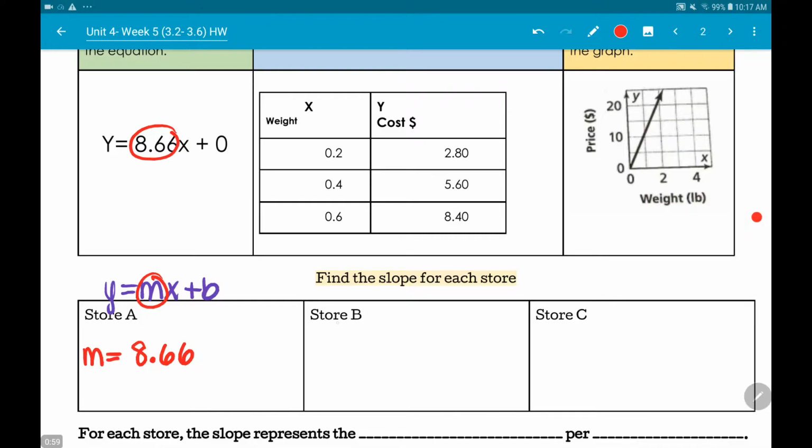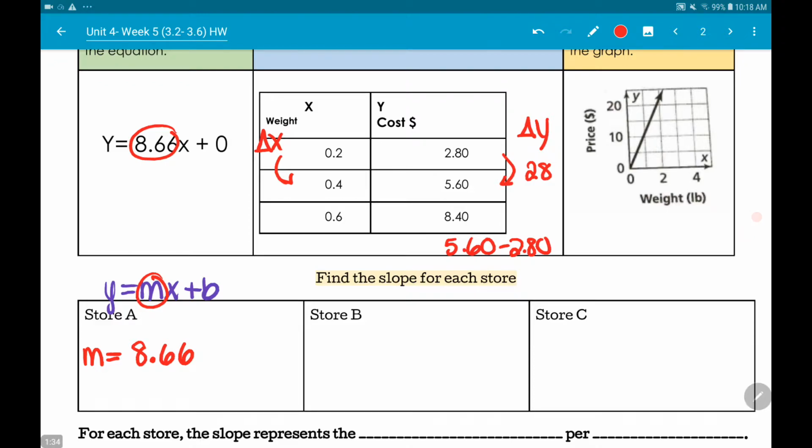All right, from a table, I do need to solve a little bit. I need to find my change in y, and I need to find my change in x. So I'm going to use my calculator to do that. Let me get it. So I'm going to do 5.60 minus 2.80, and I get 2.8 on this side.